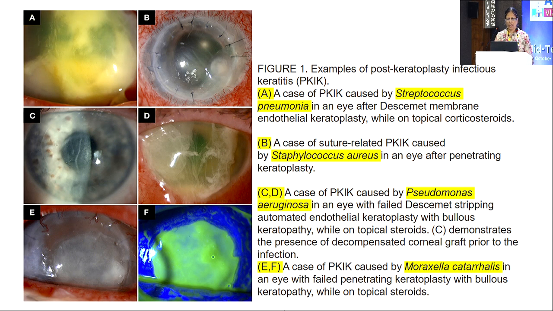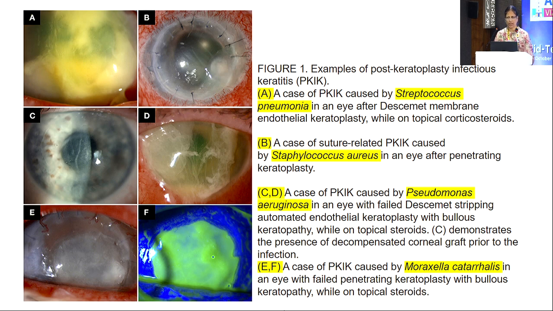Here we are seeing in picture A, the causative organism is Streptococcus pneumoniae, after Descemet's endothelial keratoplasty, and the patient is on topical steroids. Picture B is a suture related infection.